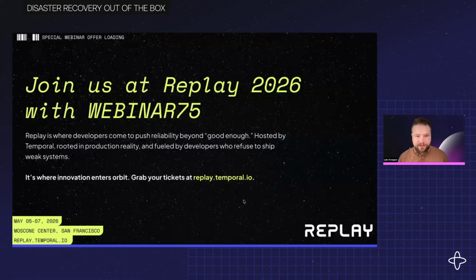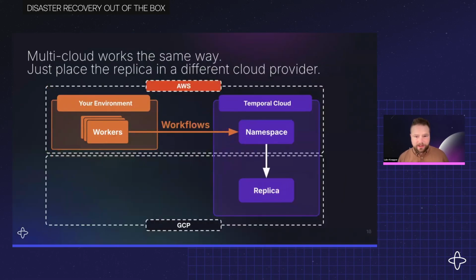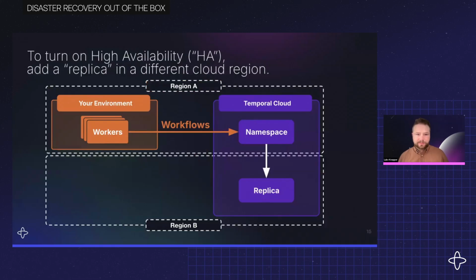Absolutely, absolutely. So let me write this on the screen just to be very clear. So this is your steady state, and I'm going to select the pen here. And so say region A is having some instability, and this is affecting your namespace.